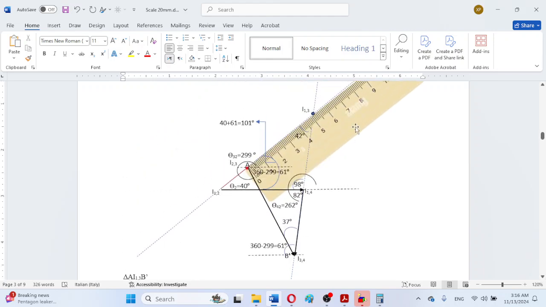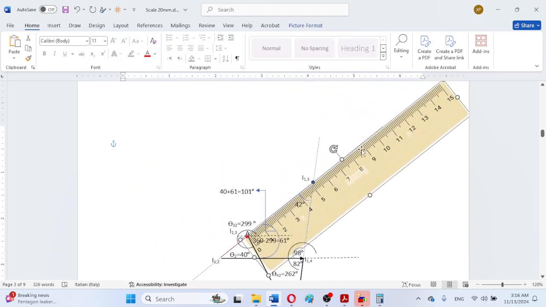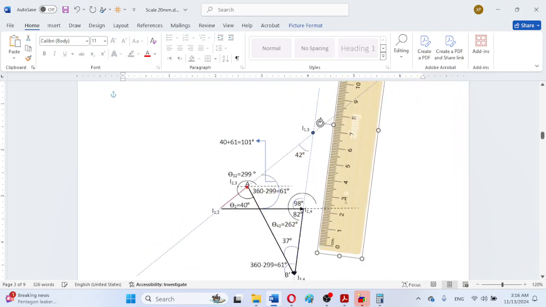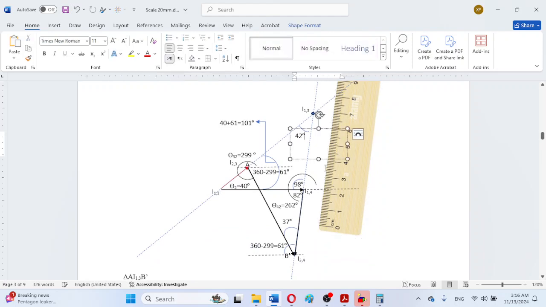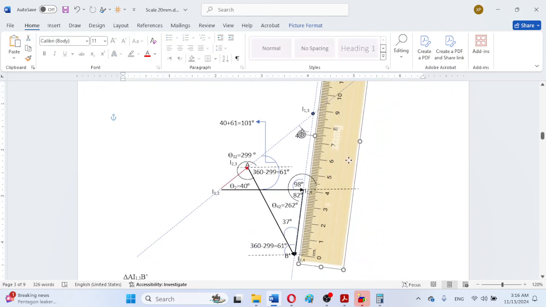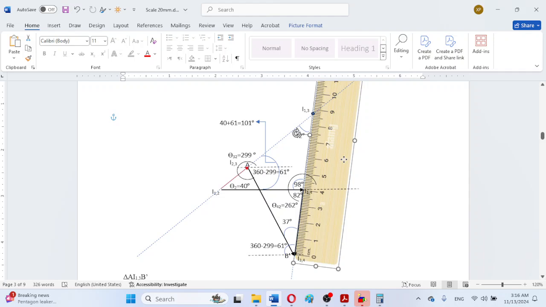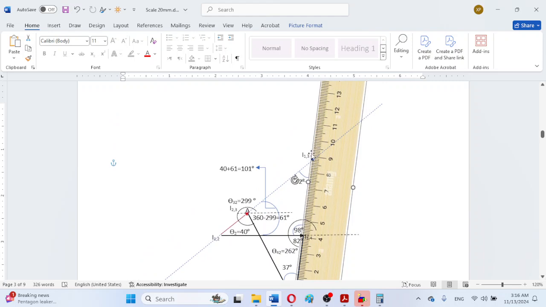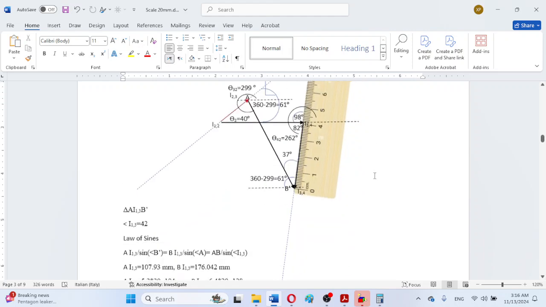In a similar manner, now measure this total, sorry, move it from here, because actually this is the B dash point from here up to this I13. The approximate value that can be shown here is 8.5, 8.6, 8.7, 8.8, for example.